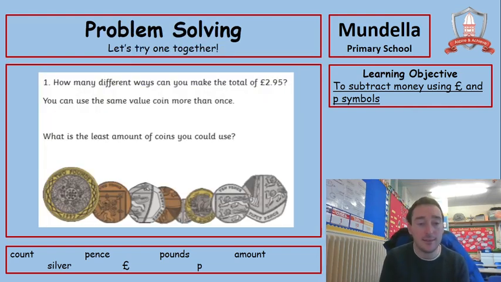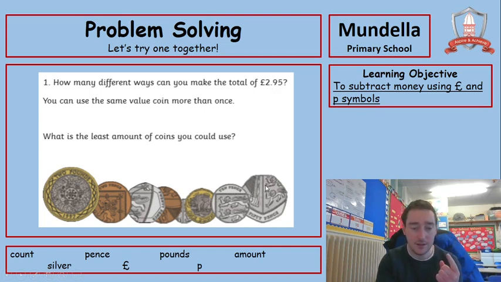So it says, how many different ways can you make the total of £2.95? And it says you can use the same value coin more than once. What's the least amount of coins you can use? Well, if it was me, I know that I have a £2 coin here, and that's only one coin, so only one that I've used there. But I want to get 95p.